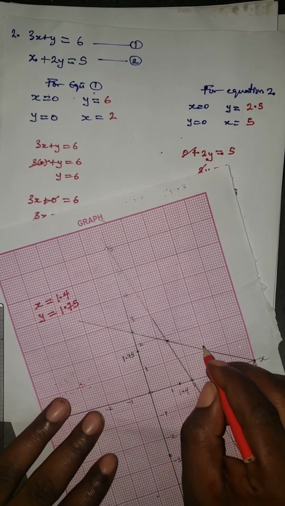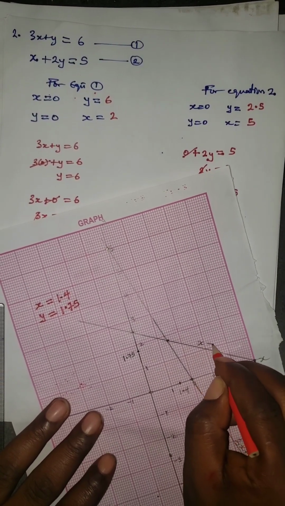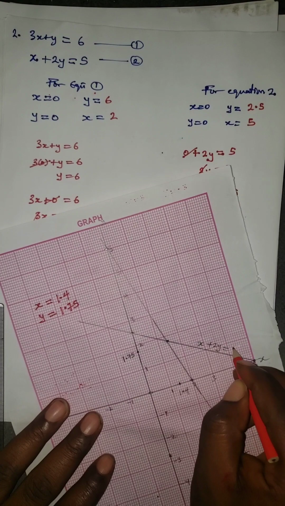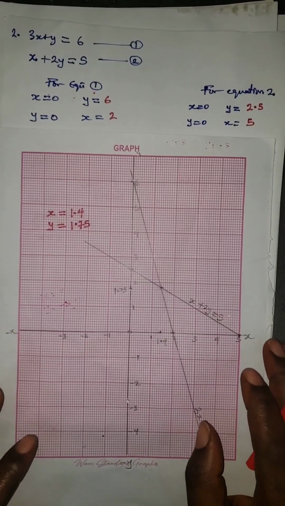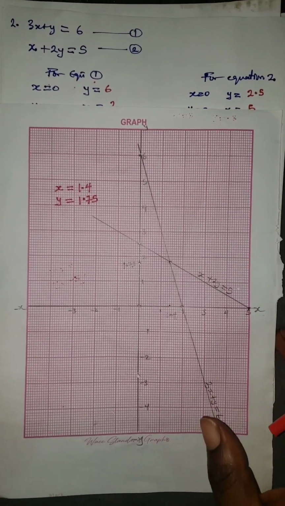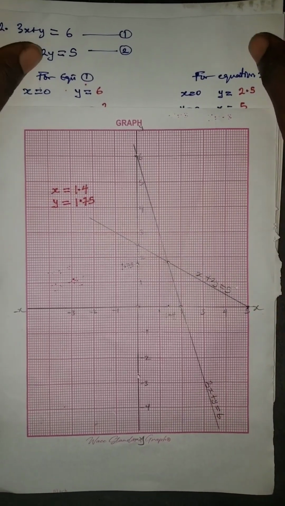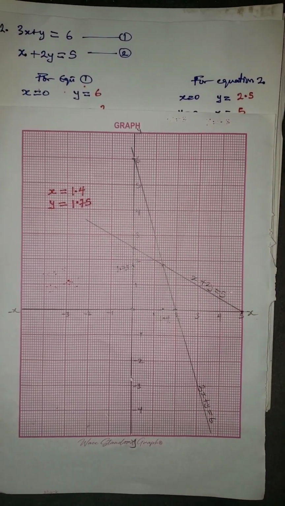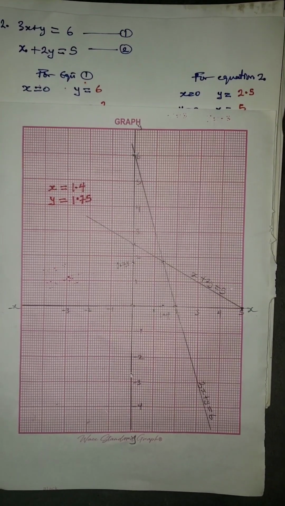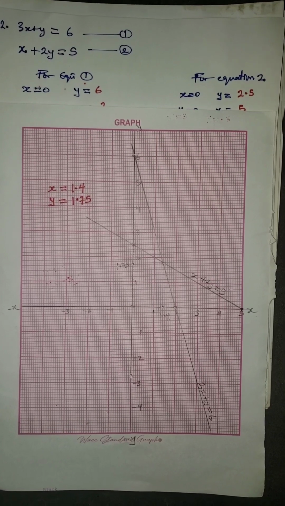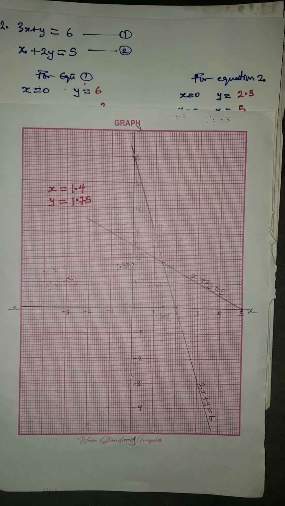We are here to write our equation for the second method. x plus 2y equals 5. Okay, so you can see how we have done that. I will encourage you to get your graph, follow how we have plotted this simultaneous equation in a graph, and choose the method that you prefer, and stick to it.